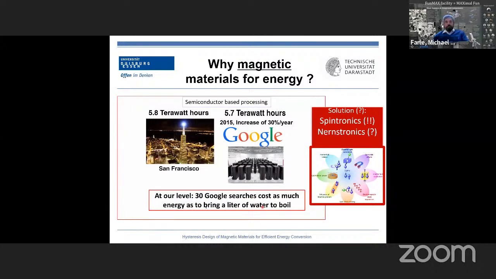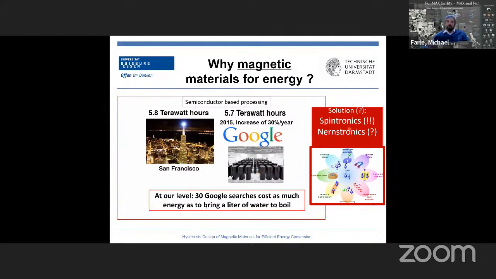Okay, so maybe restrict our Google searches. So if maybe you do 30 Google searches a day, and then imagine that this costs the energy of boiling water for your tea.